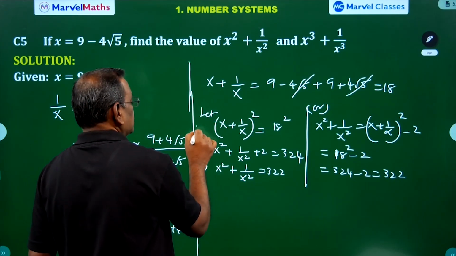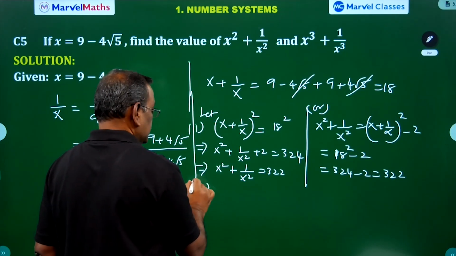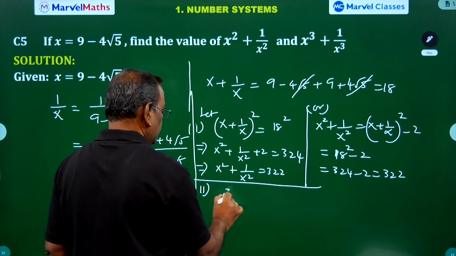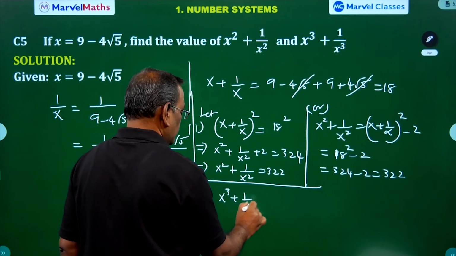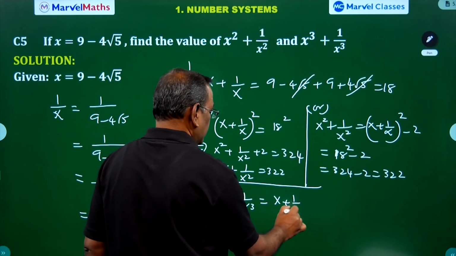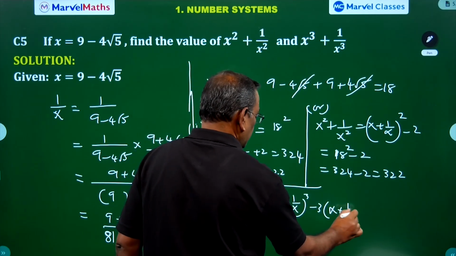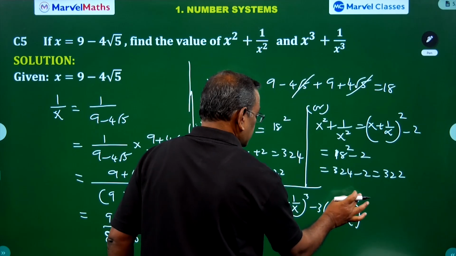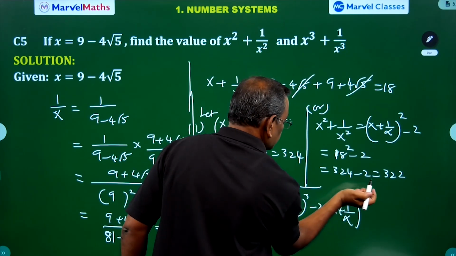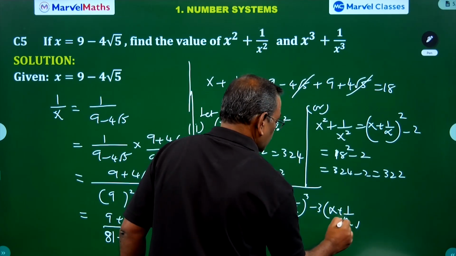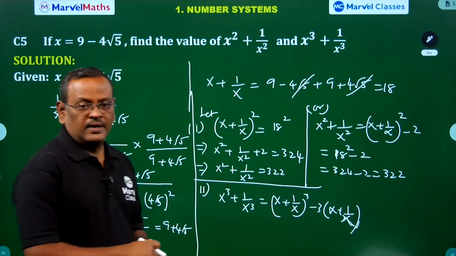Now similarly apply the second case. This is the first case, second case. So what is the second case? x cube plus 1 by x cube is x plus 1 by x the whole cube minus 3 into x plus 1 by x. These are all the repeated expressions we can use for evaluation.